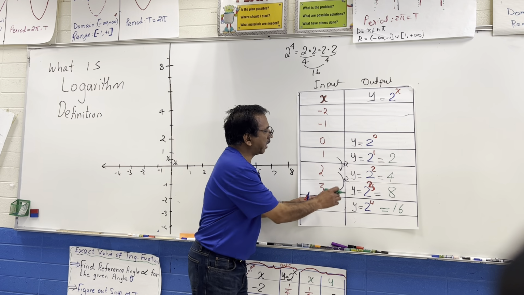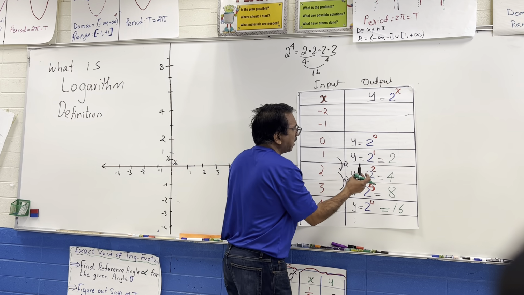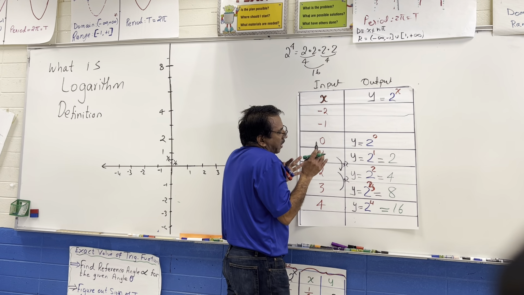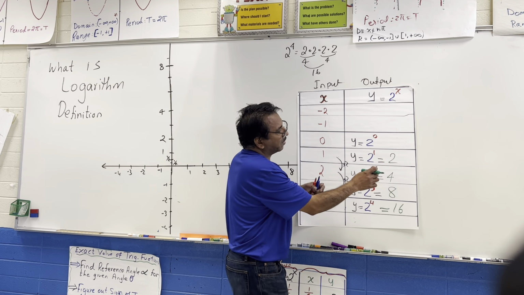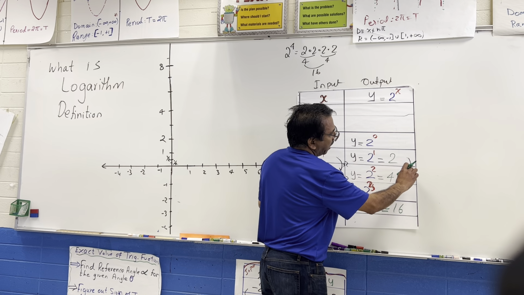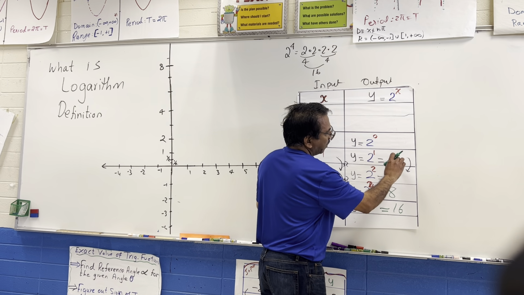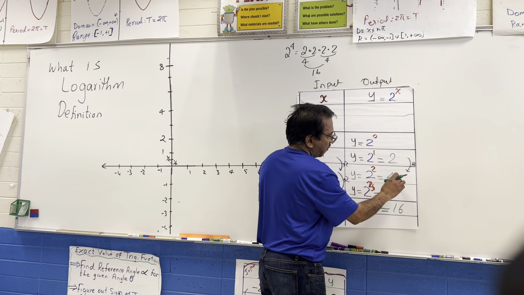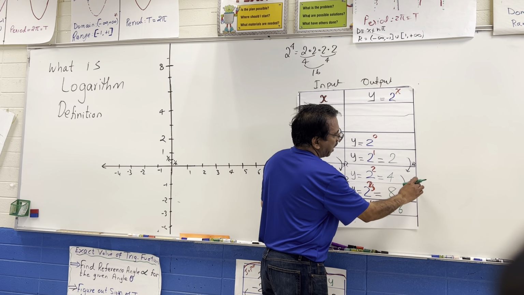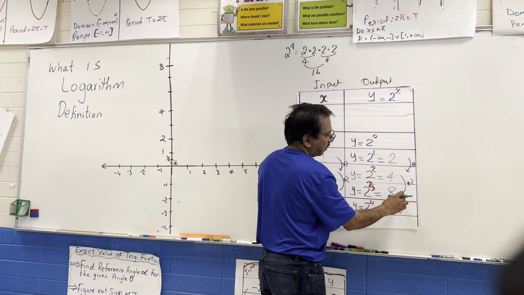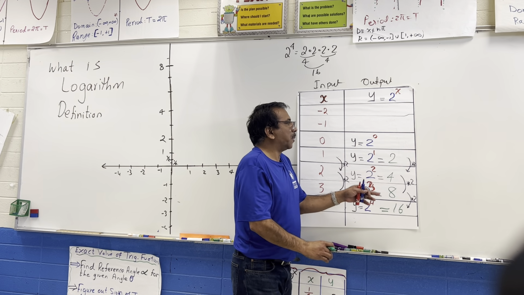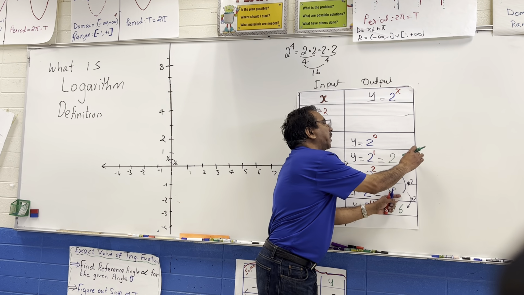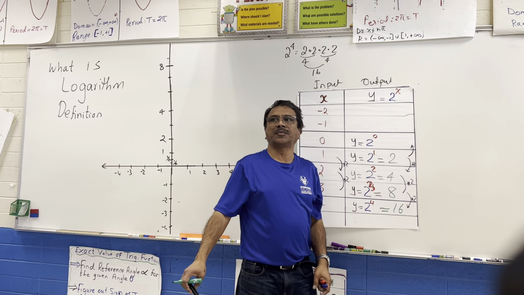Then here again you multiply by 2 one more time, 8. You multiply one more time, 16. Sorry, I think I confused you. But then if I want to go back, what do I do? Do I multiply by 2?